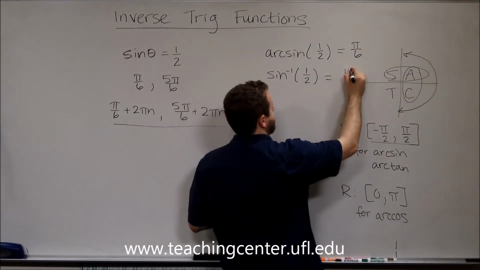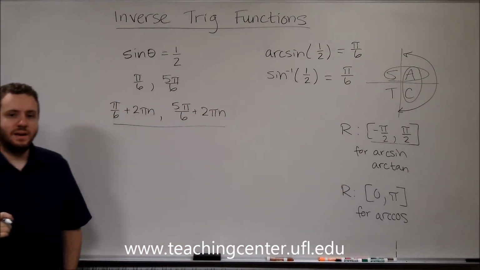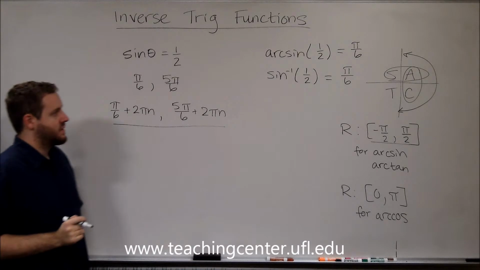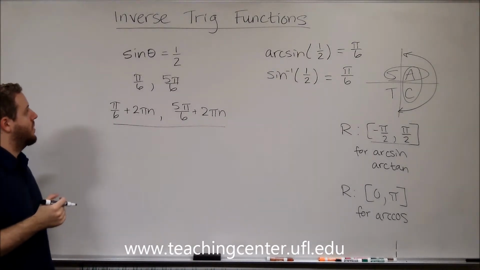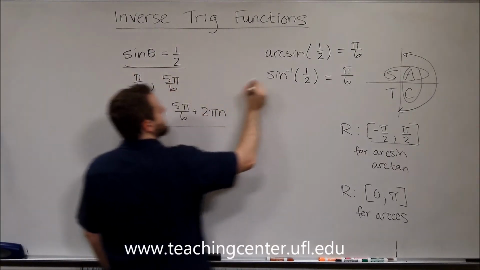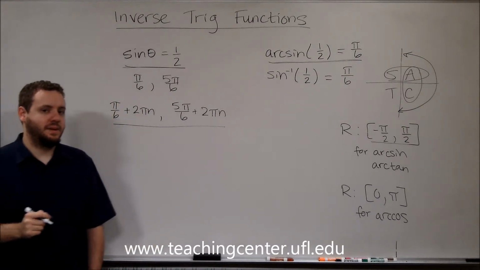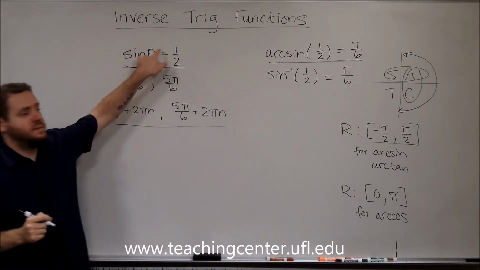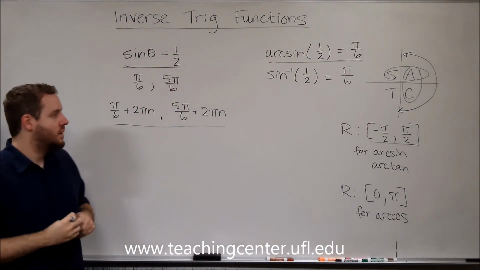So the arcsine of 1/2 is pi over 6. What you need to be careful of for problems like this is that this equation and this equation are similar, but they're not the exact same. This has infinitely many answers, while this only, by definition, has one answer.